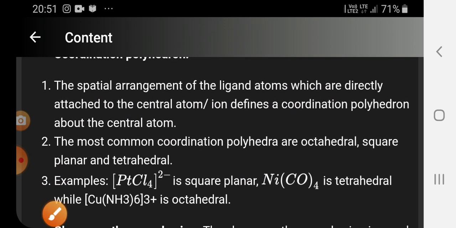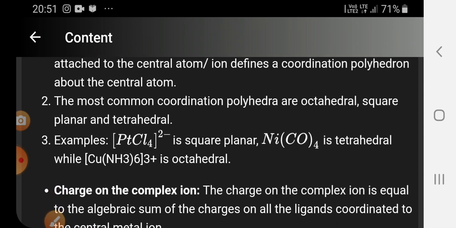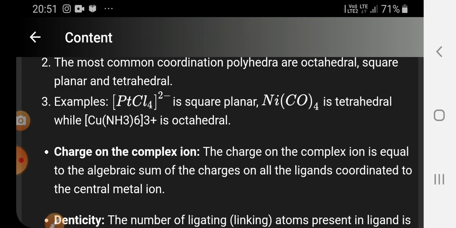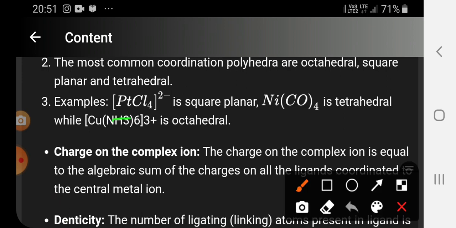Now some examples of coordination polyhedra are [PtCl4]2- which is square planar, [Ni(CO)4] which is tetrahedral, and [Cu(NH3)6]3+ which is octahedral.